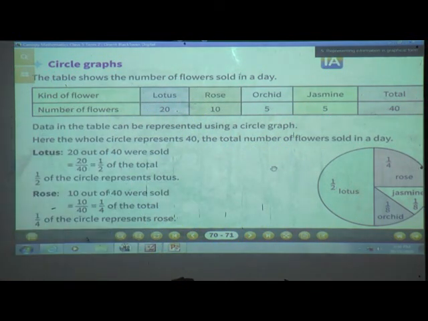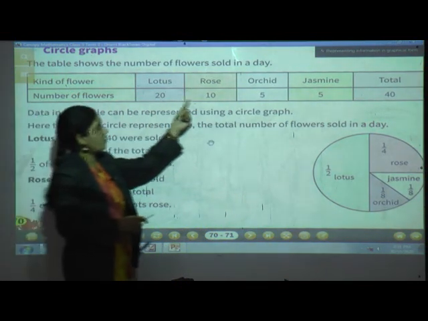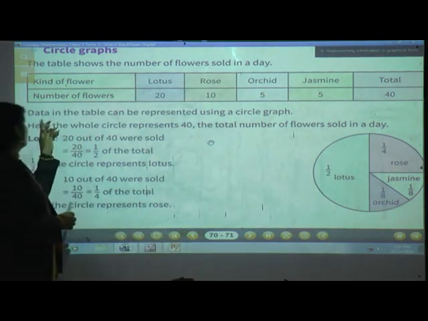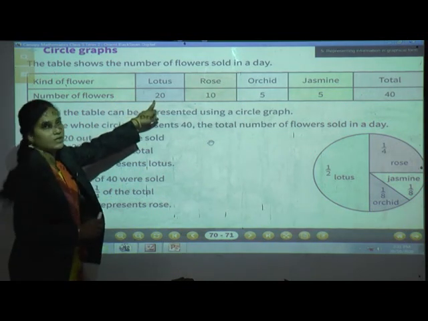Now data in the table can be represented using a circle graph. Here the whole circle represents 40. That means the total number of flowers is equal to 40. So that's why here the total number of flowers sold in a day is equal to 40. Now lotus. How many lotus? 20 lotus.